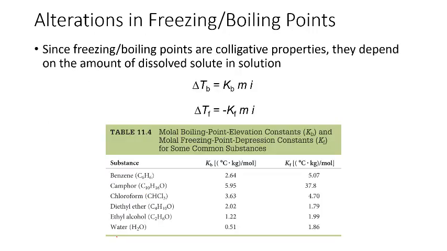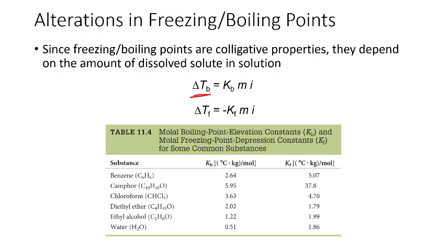So now we can get to the colligative property equations for freezing point depression and boiling point elevation. Since freezing and boiling points are colligative properties, they depend on the amount of dissolved solute in solution. So the change in boiling point temperature is equal to the constant Kb, which is a constant in a table that gives you the constant for changing the boiling point.